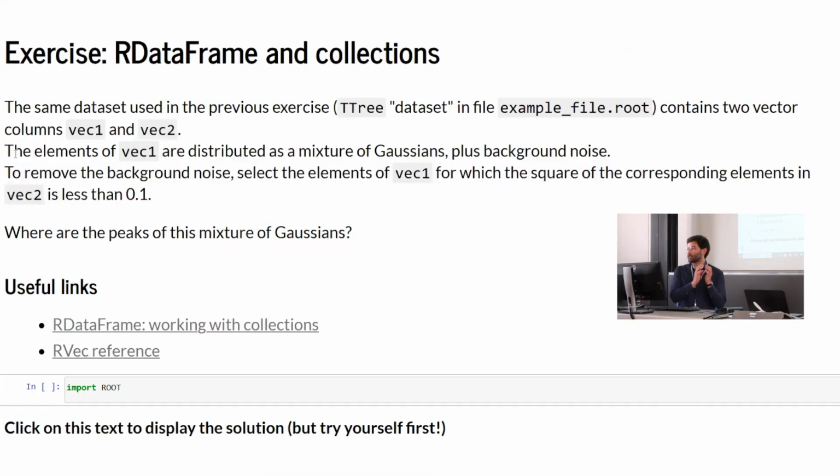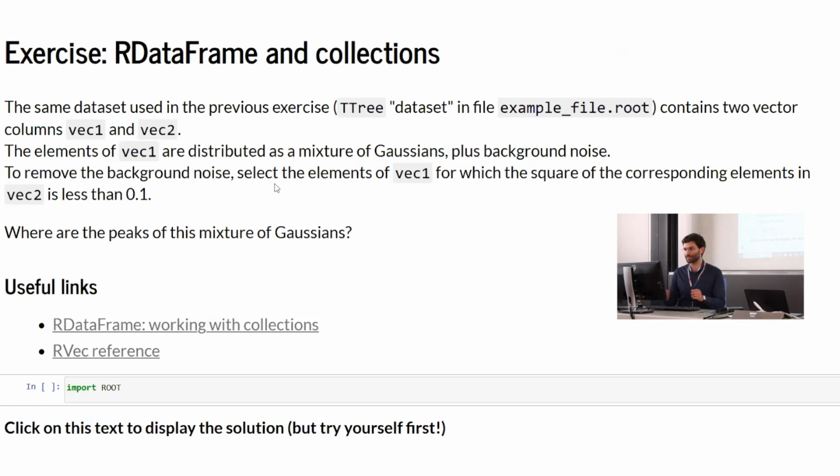It's going to be an exercise on the same subject. So we have the data set that we used in the previous exercise, and we know that this data set contains two vector columns, vec1 and vec2. We have a mixture of Gaussians and some background noise in the vec1 column, and the assignment is to remove this noise in order to plot the Gaussian peaks.